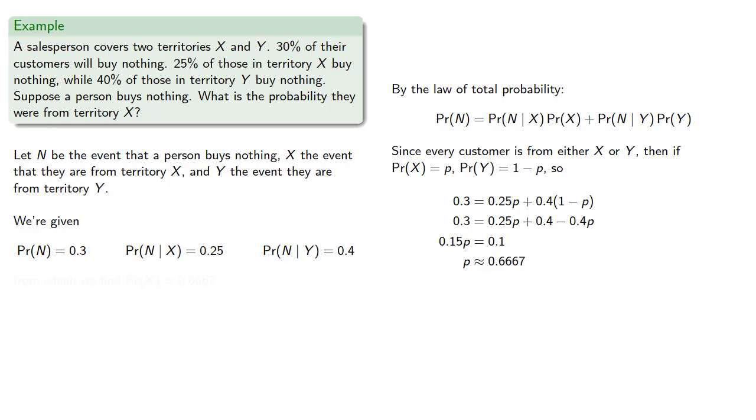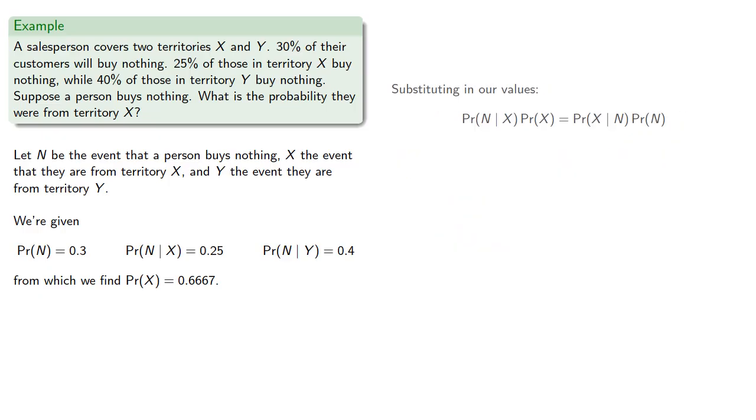And so we find the probability that they're from territory X. And now we can substitute our values into Bayes' theorem.